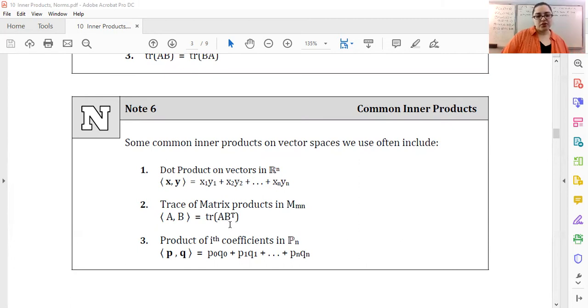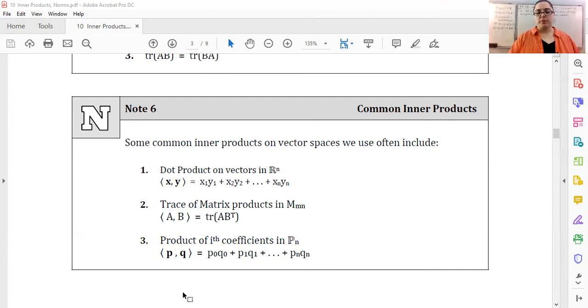And then the third common inner product is if we're living in P_n. It's very similar to the dot product actually: you multiply corresponding coefficients and then add them up. Like I said, we're going to work through an example of applying these different inner products so we get a sense of what they're like.